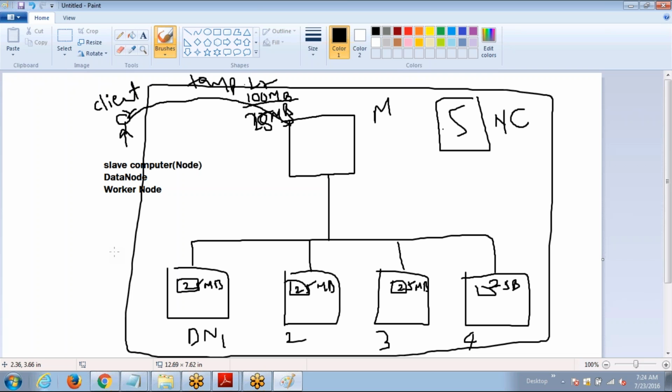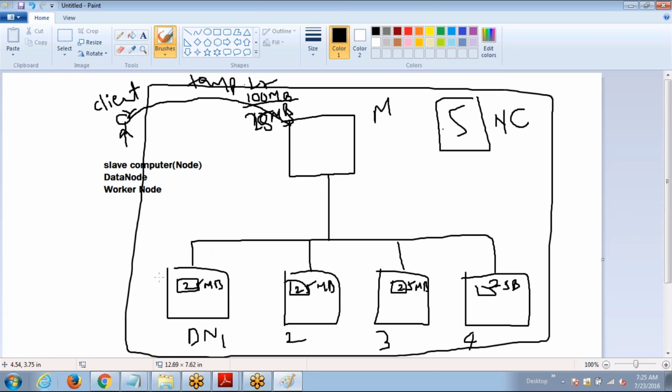The same way here, your master node is not going to hold any data. It gets the data from your client and distributes it to your data nodes. This is an important interview question: the master node does not hold any data. It gets the data from the client and distributes it across the data nodes.